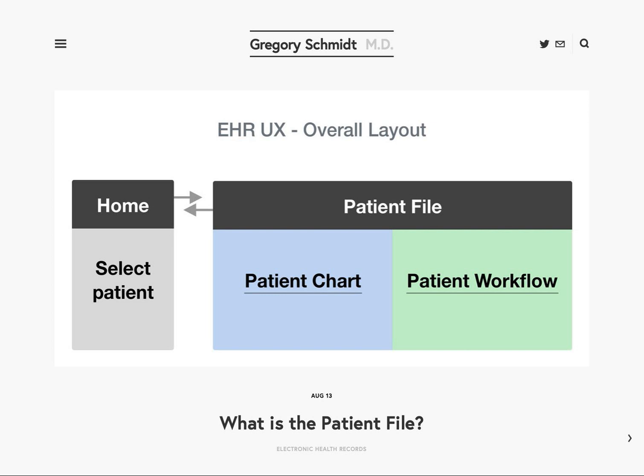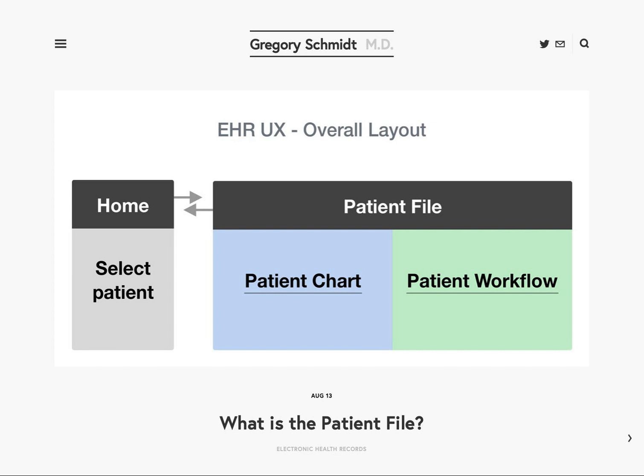And so how does this all apply to building an EHR? Well, we've discussed this concept of the patient file, which is the part of the electronic health record where information about a single patient is displayed and captured. And within that patient file, we have the patient chart and the patient workflow.